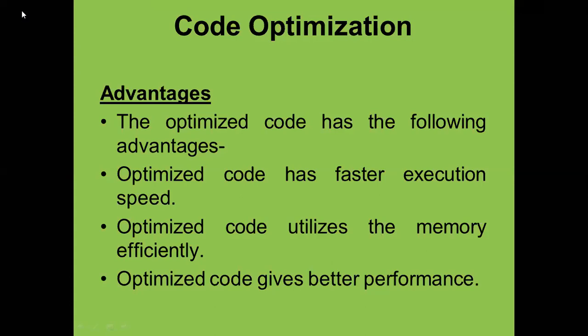That's why we apply code optimization techniques. Another thing, optimized code gives better performance. Of course, because the execution speed is increasing and the memory requirement is decreasing, performance enhances. Performance means the performance and efficiency of the compiler. So that's why there is a big role of code optimization.